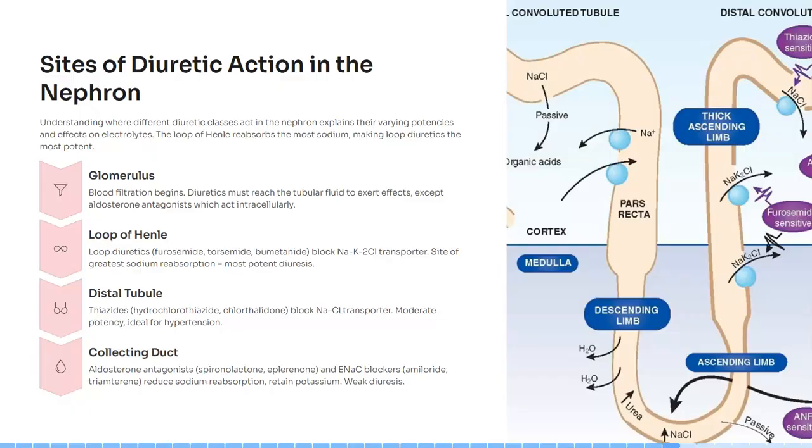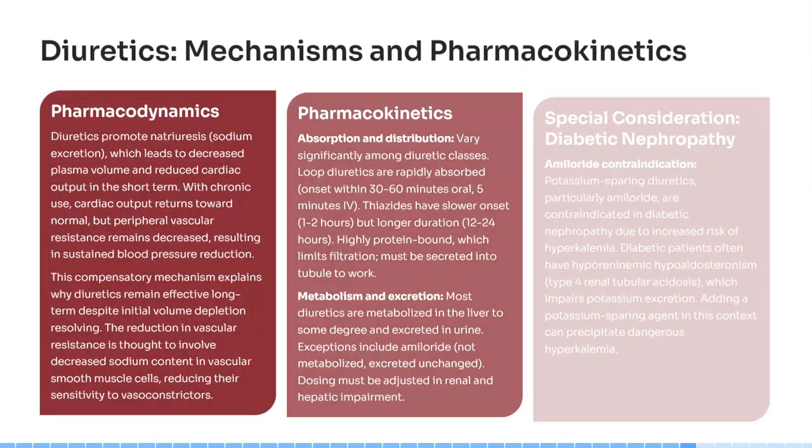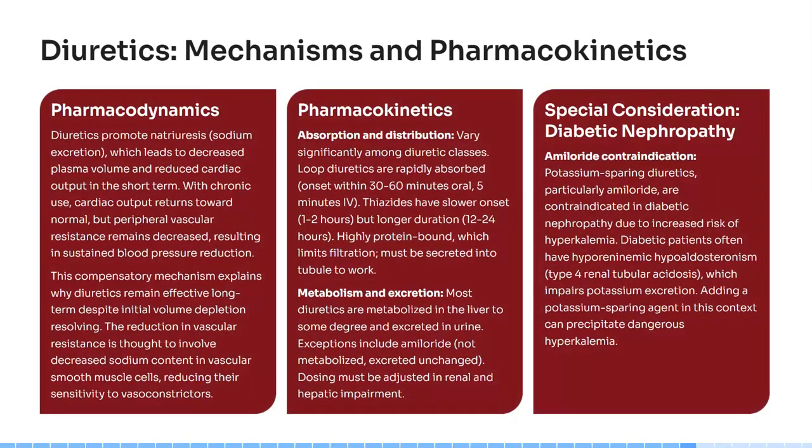Okay, so sites of diuretic action in the nephron. I'm not going to ask you this on your exam, but sites of action would be the glomerulus, the loop of Henle, the distal tubule, and the collecting duct. So diuretics promote sodium excretion.